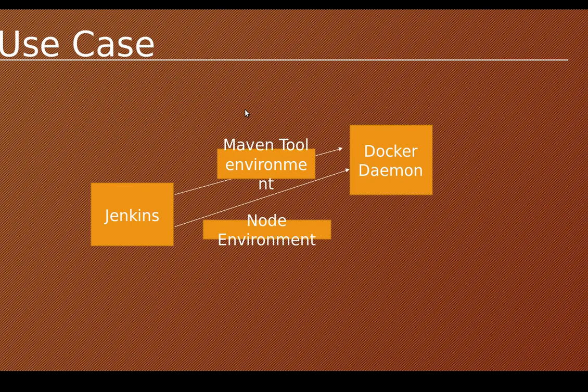IPVLAN is also the same. One use case is where you have Jenkins, you want to build your Maven application, and from Jenkins push it into a Docker daemon.